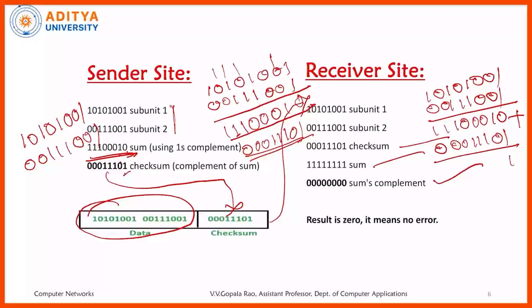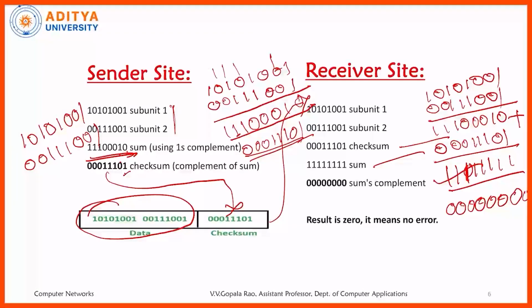Again you add, 1 and 1, 1, 1, 1, 0, this is also 1 and 1 and 1. So, the sum value, including the checksum, if you take all the data units and the checksum and sum them all up, you get all ones here. But what is the final step? You have to find the ones complement of the final sum. If you write the ones complement of the sum, it comes to all zeros in this case.